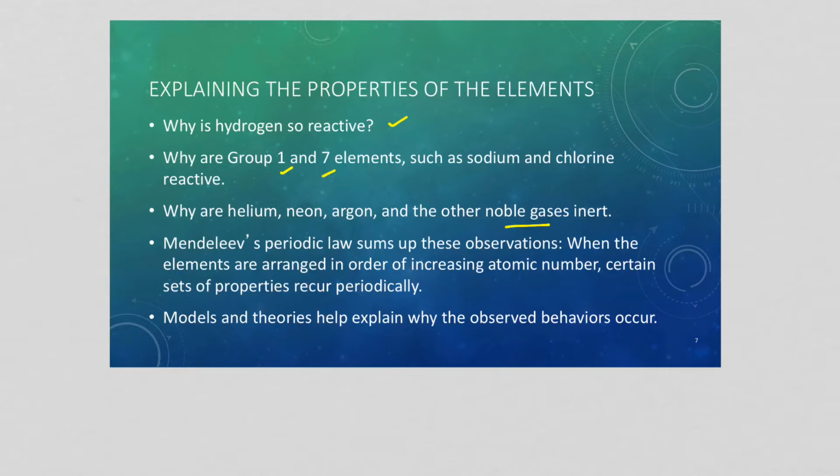Well, it clearly has something to do with the electrons, because we know the electrons heavily influence the reactivity of elements. So Mendeleev's periodic law and his periodic table help sum up these observations, right? So when the elements are arranged in order of increasing atomic number, as they are in our modern periodic table, we see certain sets of properties recur periodically.